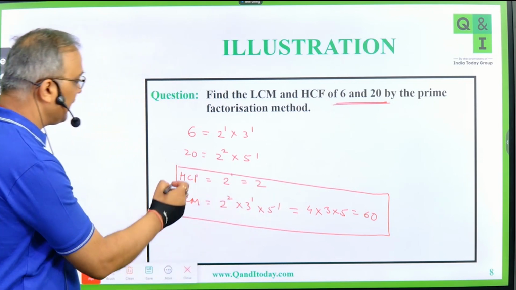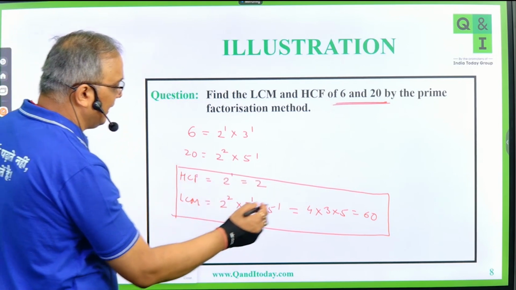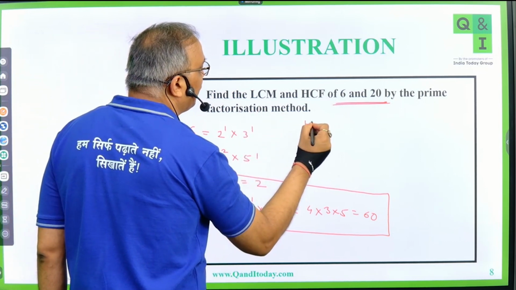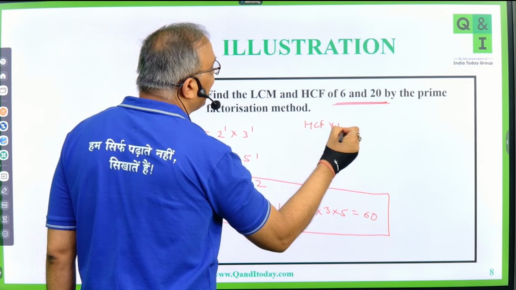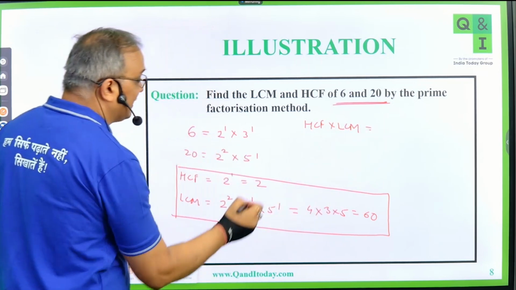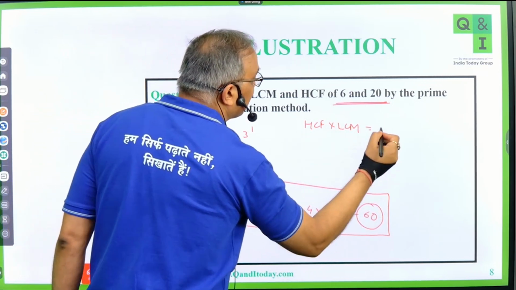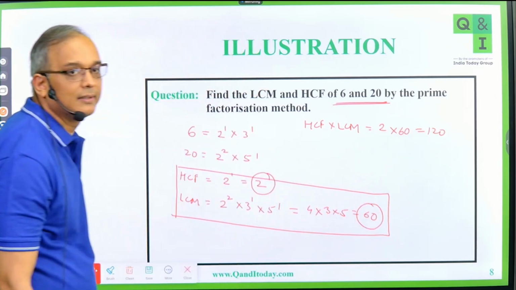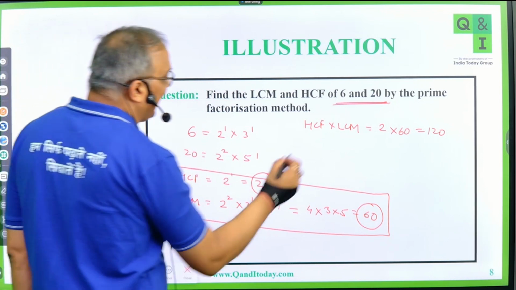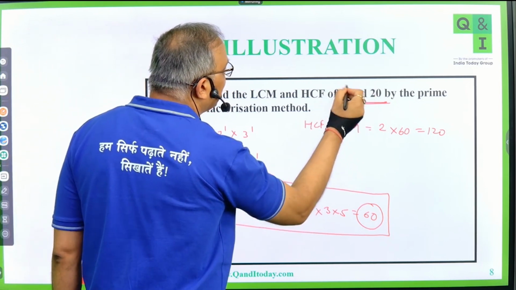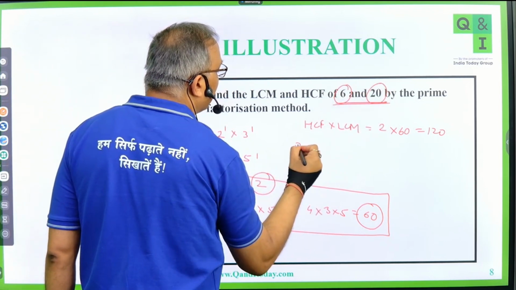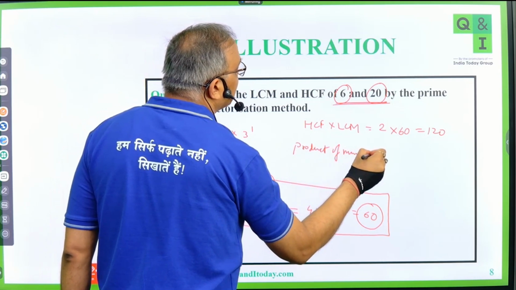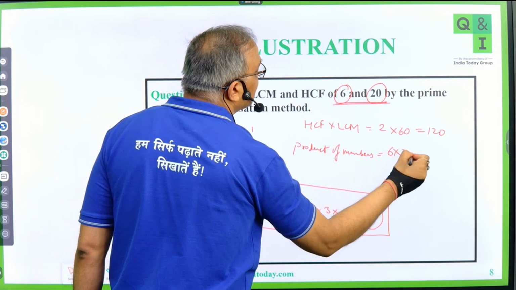Now, if you calculate here, there is one more observation which you can make. If you find the product of HCF and LCM, HCF was 2 and LCM was 60, the product is 2 into 60, which is equal to 120. And if you find the product of the numbers which were given, this will be 6 times 20.